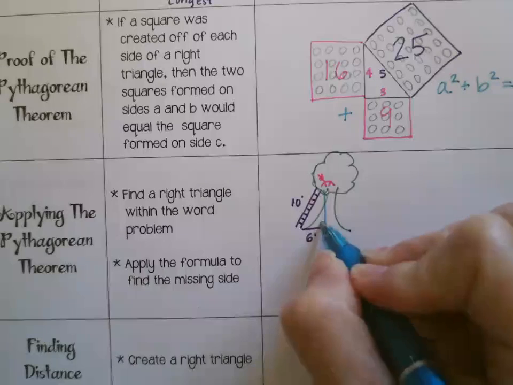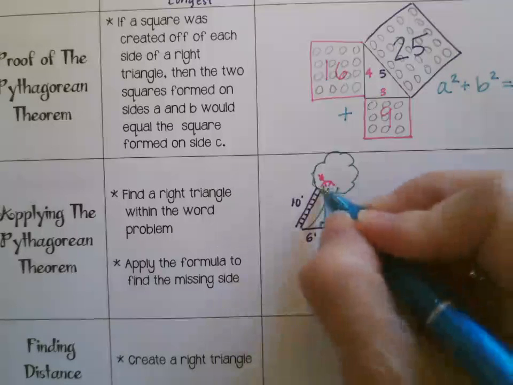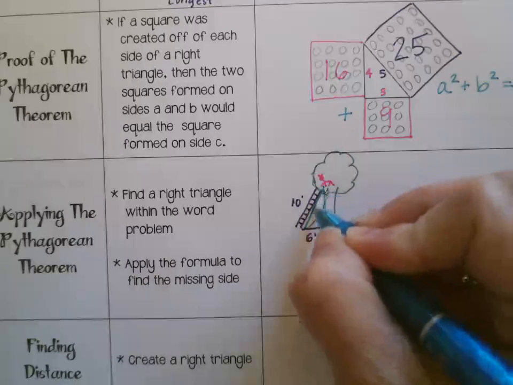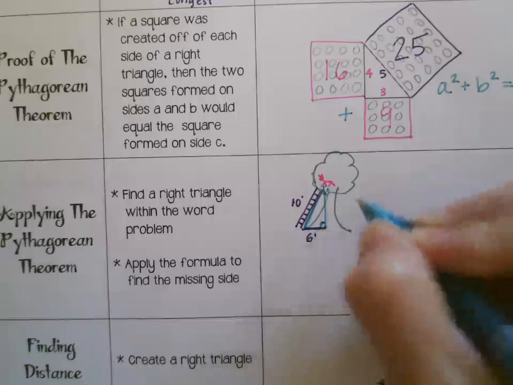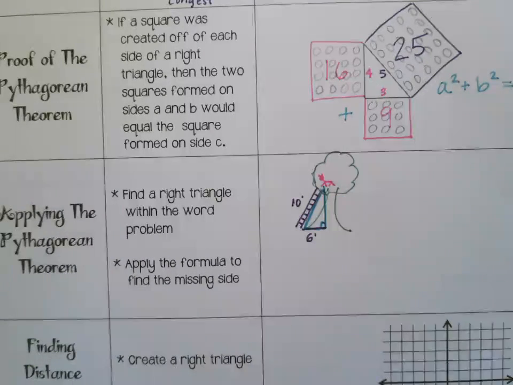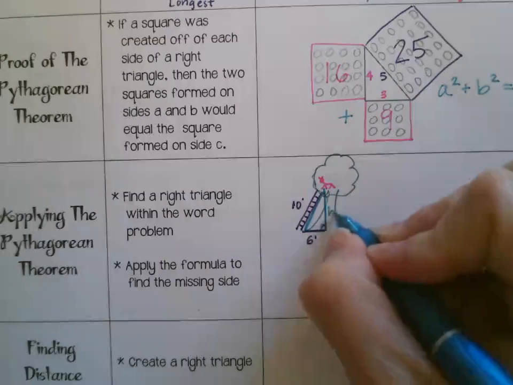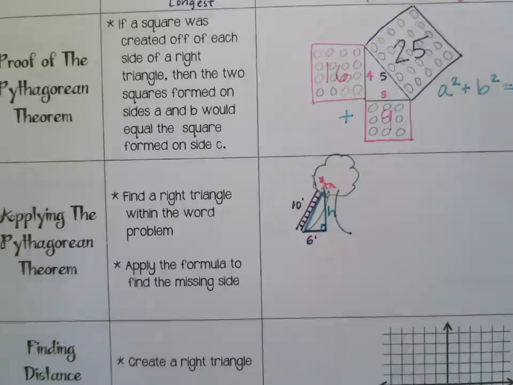Well, look at what happens here. I end up with a right triangle. So between the ladder, the ground, and how high the cat went up the tree, I have a right triangle. So I'm trying to figure out how high up the tree the cat went. So if I look at this situation, I can use Pythagorean Theorem.